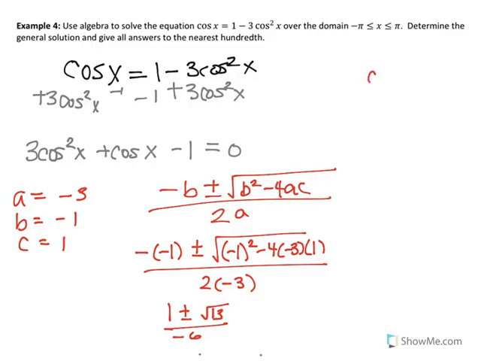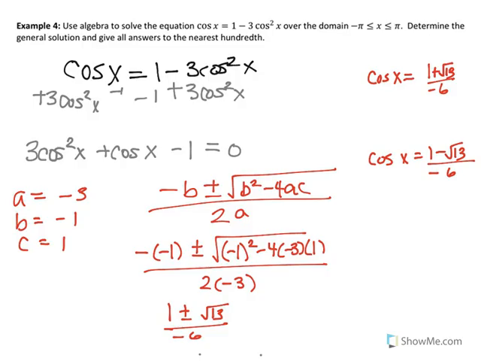So this means that we can have cos x equal 1 plus the square root of 13 over 6, or we can have cos x equal 1 minus the square root of 13 over negative 6.